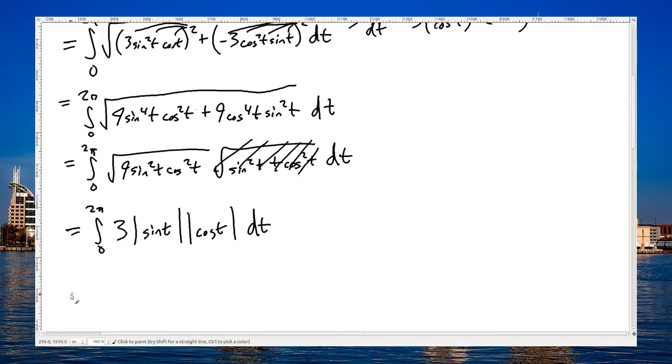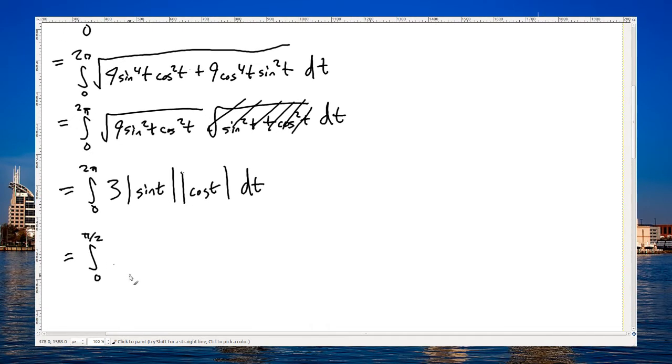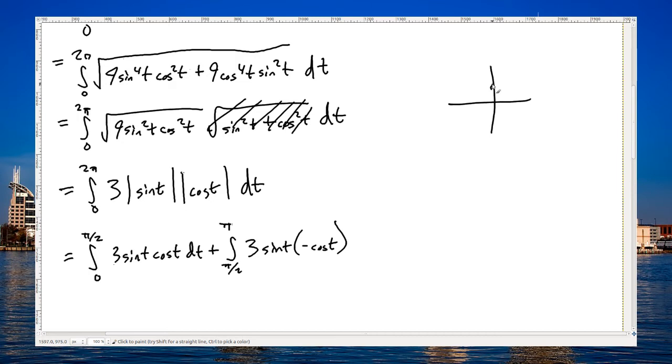One option, the long way, I guess you could say, is to split this up into regions where you know sine and cosine are positive and negative. If you do that, then between 0 and pi over 2, they're both positive. From pi over 2 to pi, sine's still positive, but cosine is negative. Think of your unit circle here.